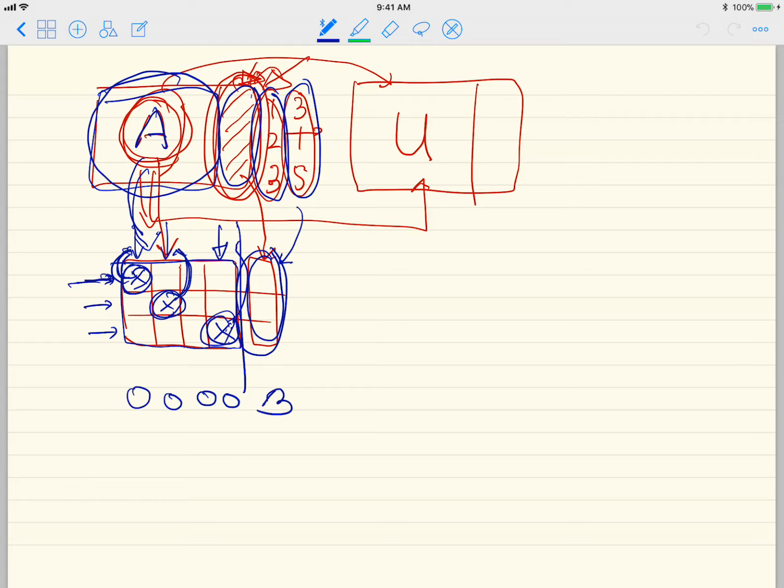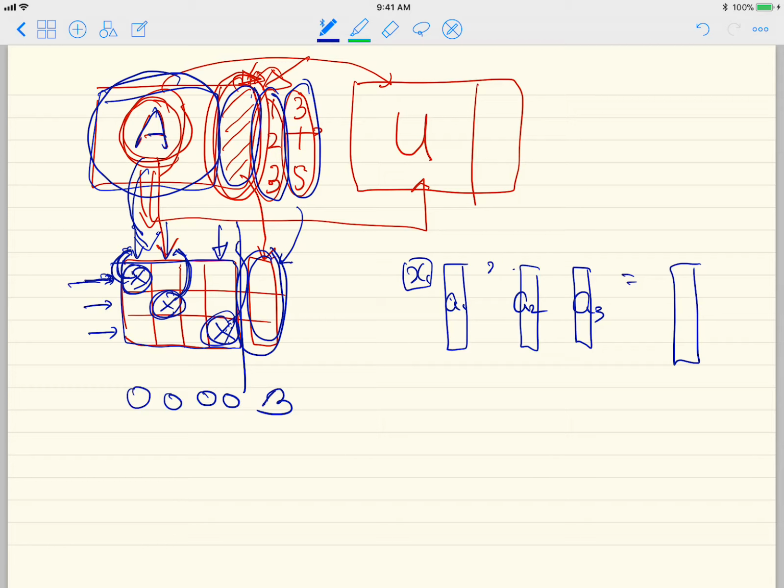So if we have a vector equation like this, with the vectors a1, a2, and a3, and the linear combination coefficients x1, x2, x3, and then a b vector here, right?